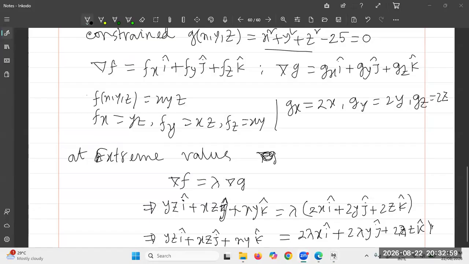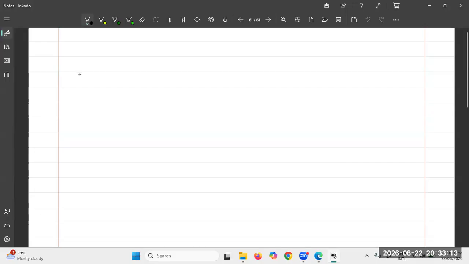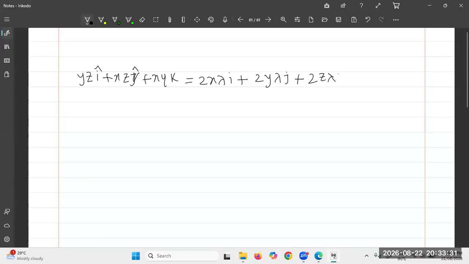Since both vectors are equal, component wise quantities are equal. So yz i, xz j, xy k is equal to twice x lambda i, twice y lambda j, twice z lambda k.